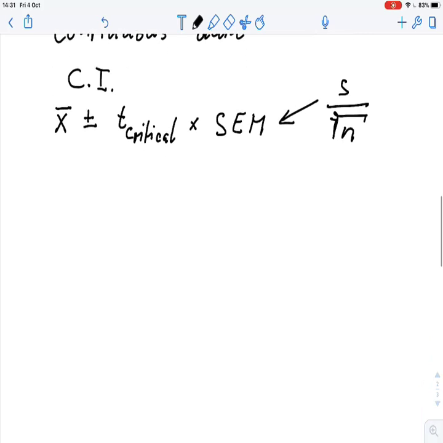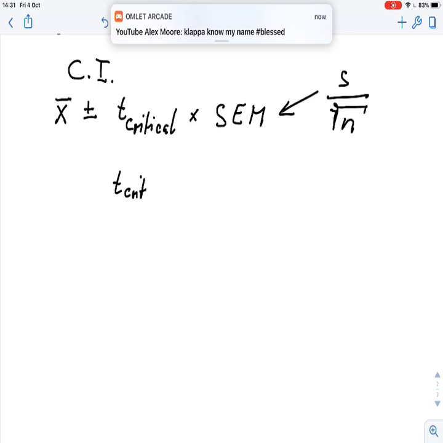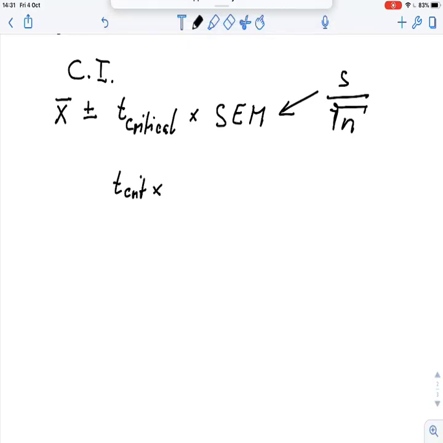So we can write x bar plus minus T crit, the critical value, times S over square root n. And this thing also has a name.